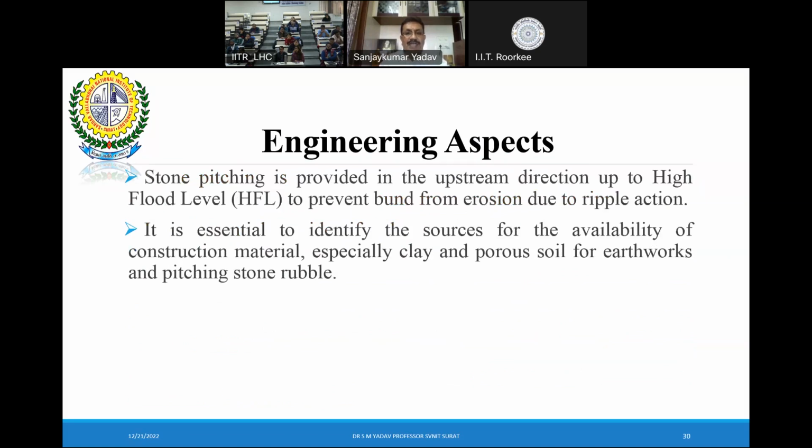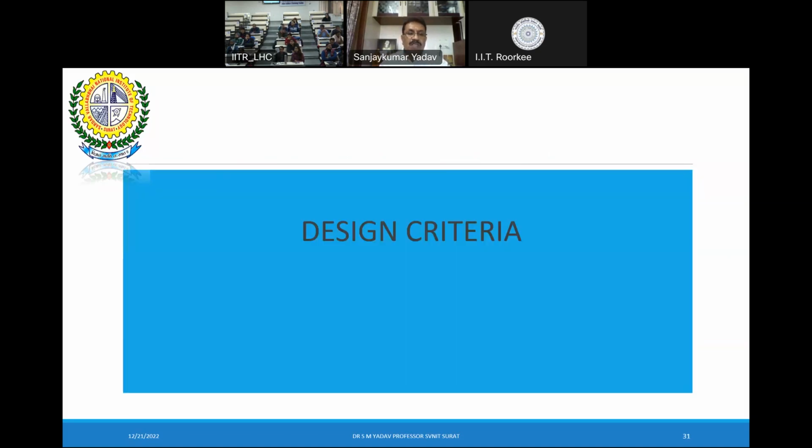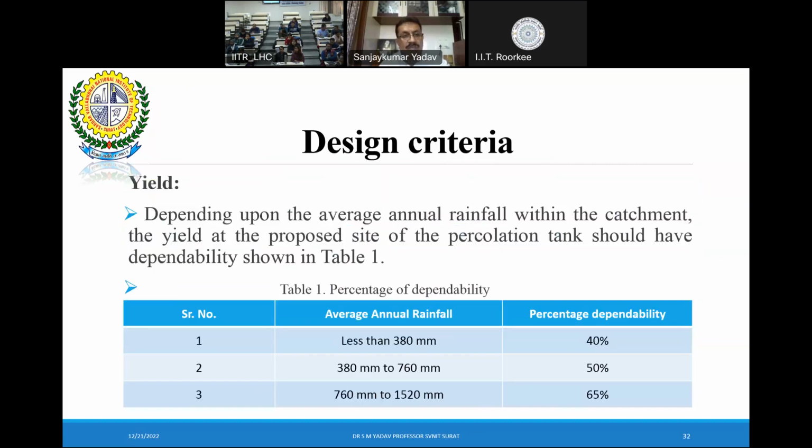It is essential to identify the sources for the availability of construction material, especially clay and porous soil for earthworks and pitching stones for the slopes.